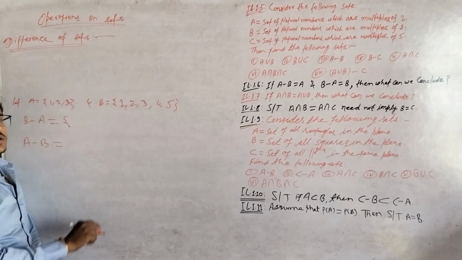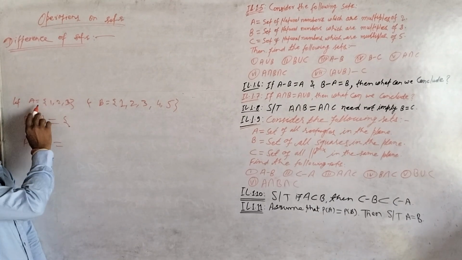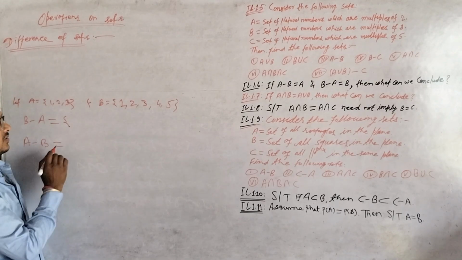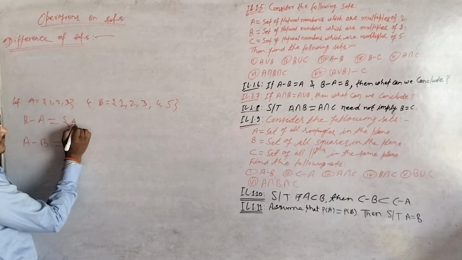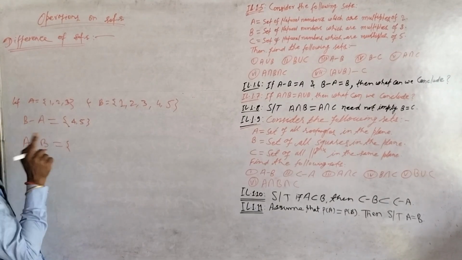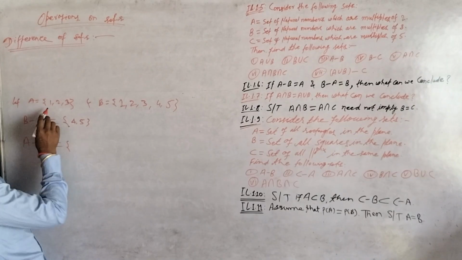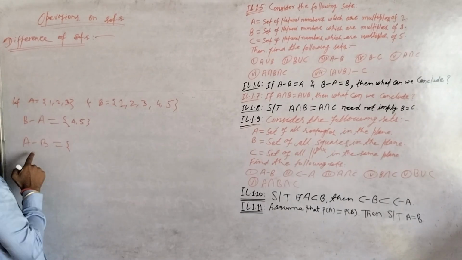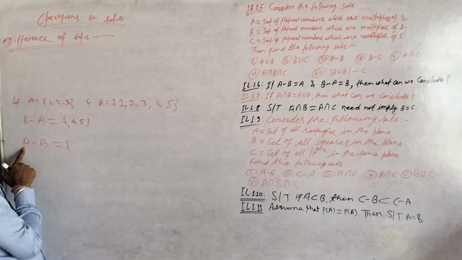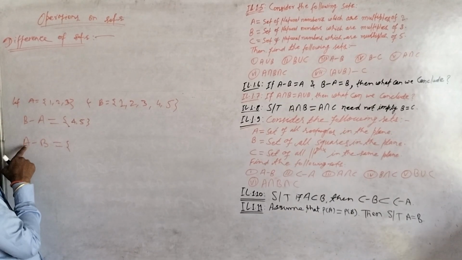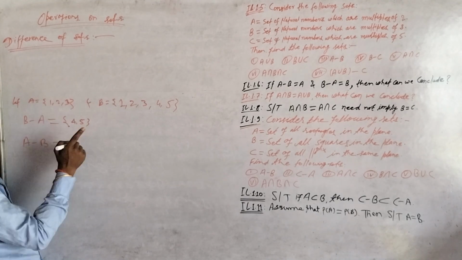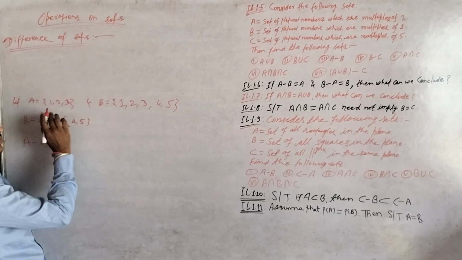मतलब B का सारा कॉमन एलिमेंट यहाँ पे कैंसल आउट कर देंगे, सब्ट्रैक्ट कर रहे हैं. That means elements of A cancel out from the set B. So only 4 and 5 are left. Similarly here, A minus B: set B is subtracted from set A. That means cancel out in set A those elements which are in common.